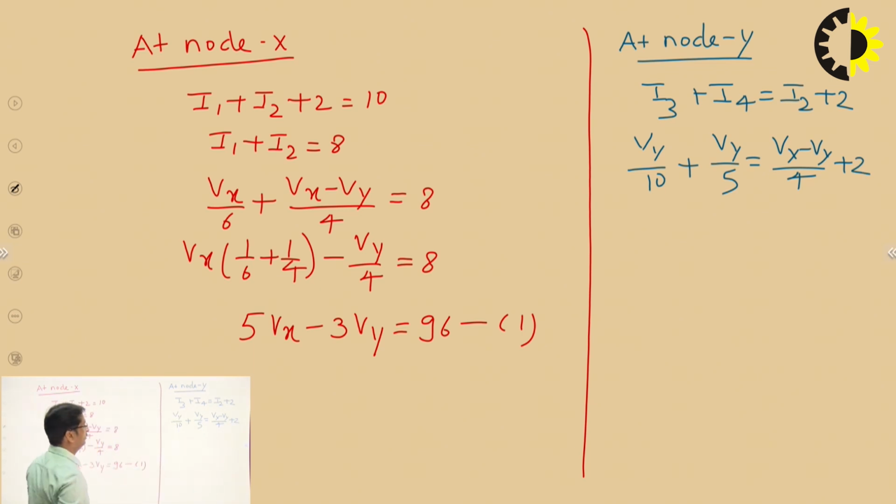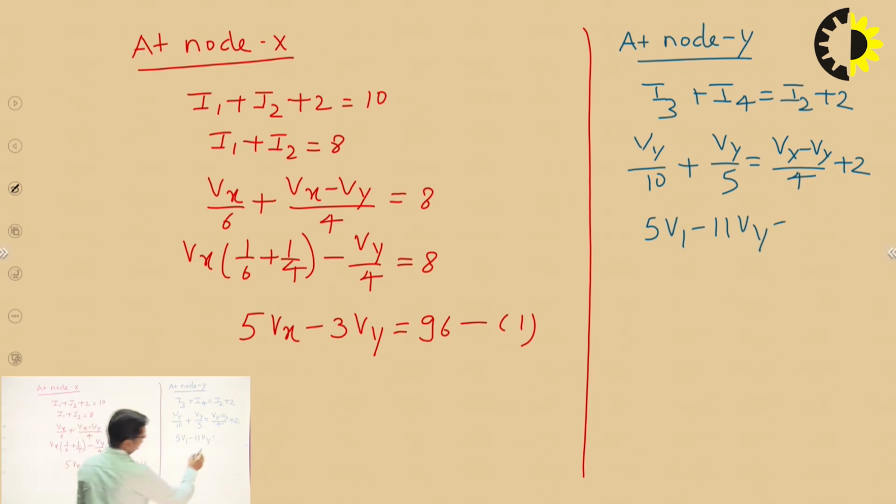Okay, so you can solve this equation, and after solving it comes out to be 5Vx minus 11Vy equal to minus 40.